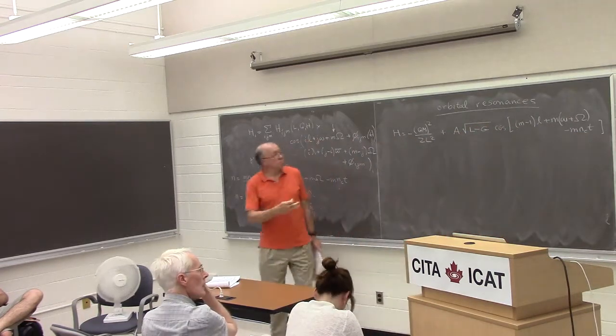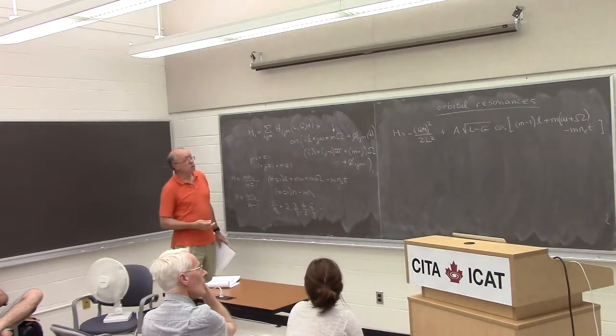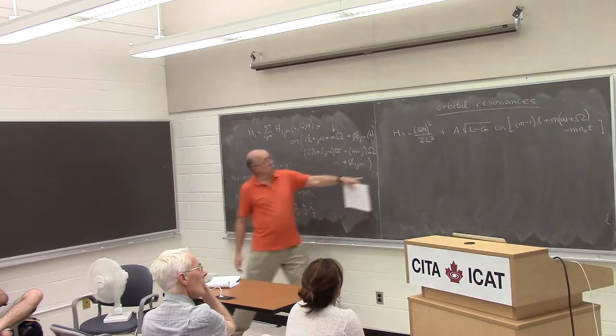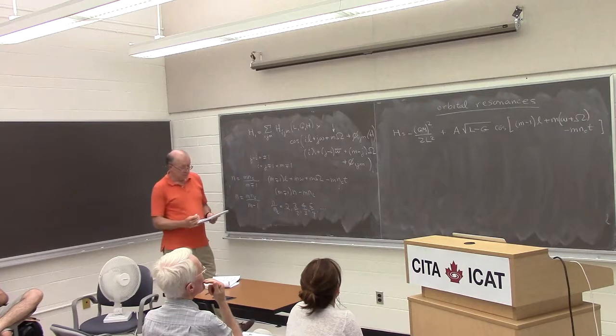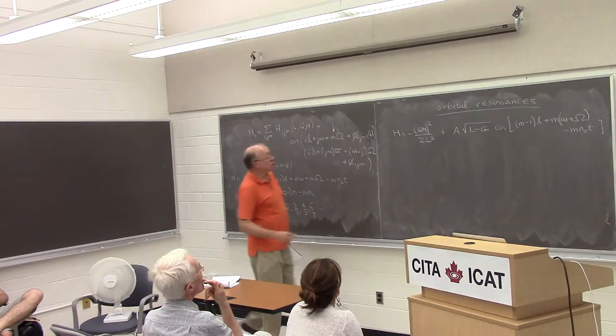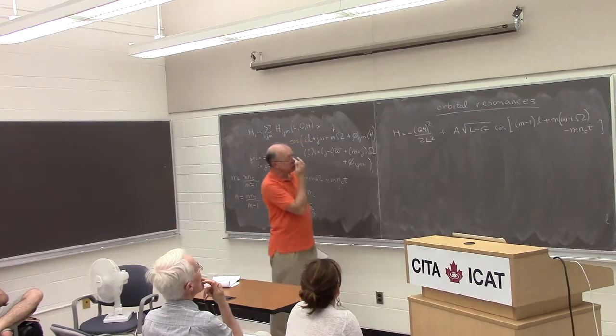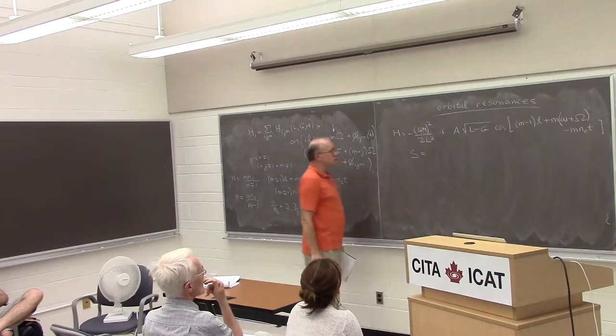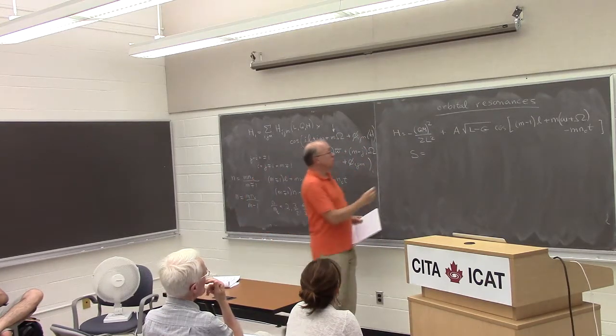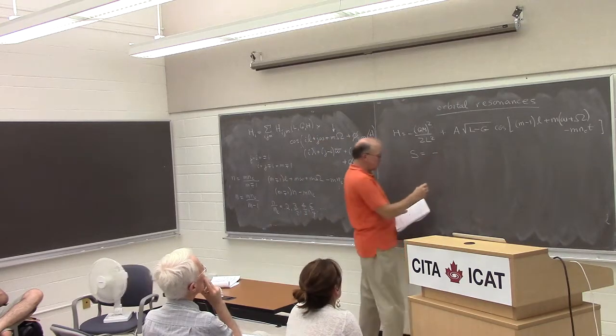Well, this is a big step forward. All you have to do is to solve the equations of motion in this Hamiltonian. But you can do better with our old friend, the canonical transformation. I'm going to make the canonical transformation to new variables, new momenta.